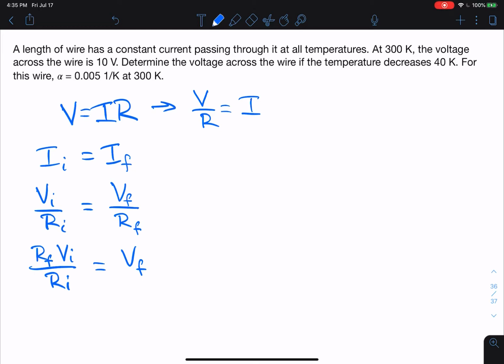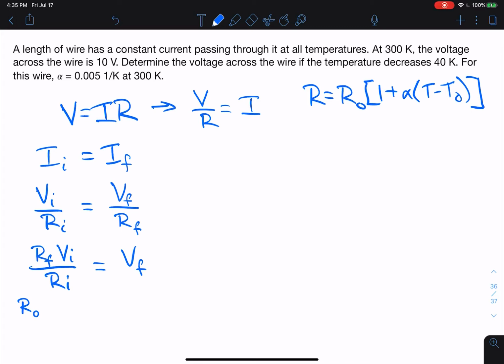So now I can go ahead and put in our big ugly formula for resistance, which remember is this. So if I do that here, R final is going to be this, I put R naught.